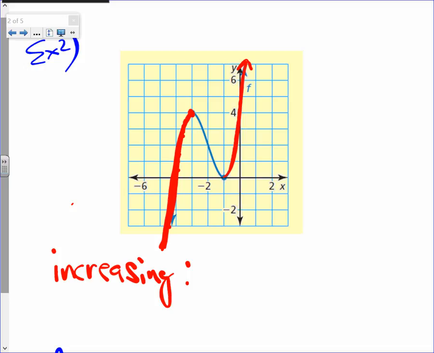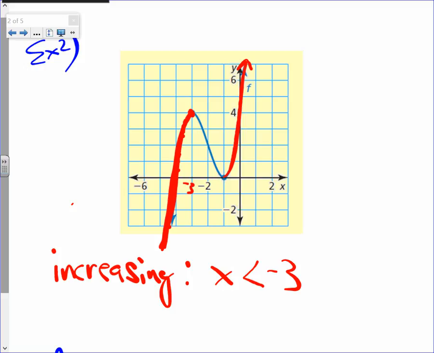So x has to be any number less than negative 3. Because all these numbers for x this way are going to be less than negative 3. Numbers this way are greater than negative 3. So here's negative 3 right here. So x is less than negative 3. That's all the x values where it's increasing.